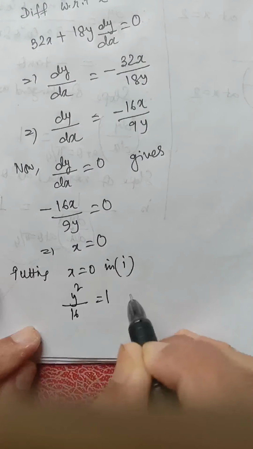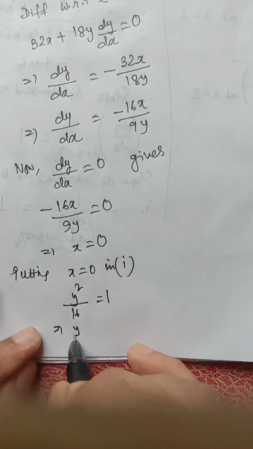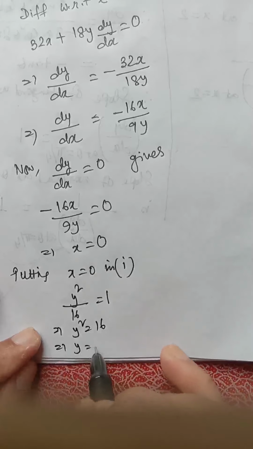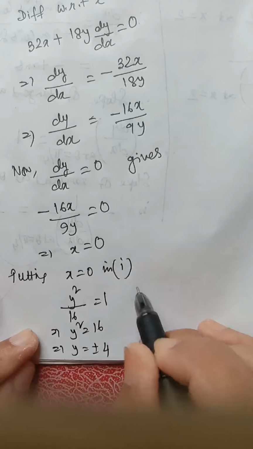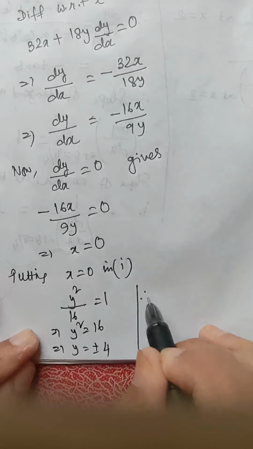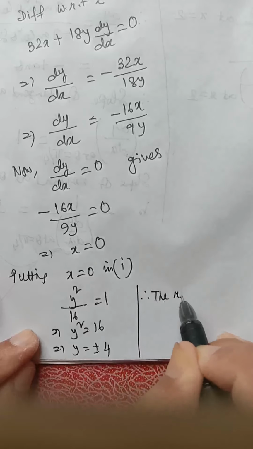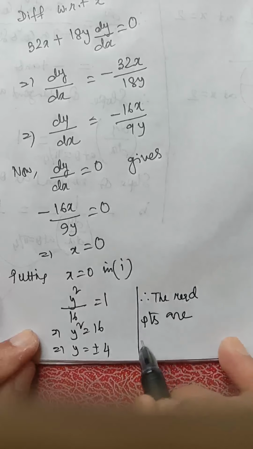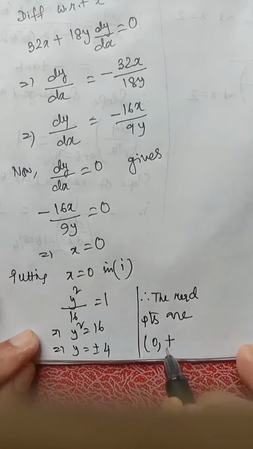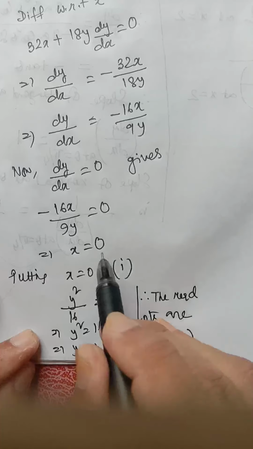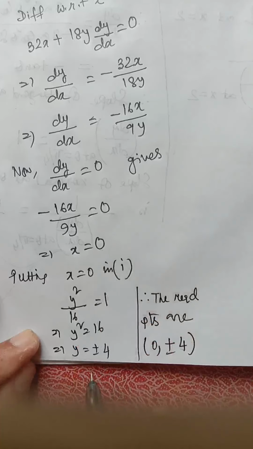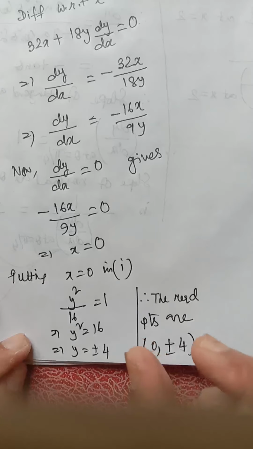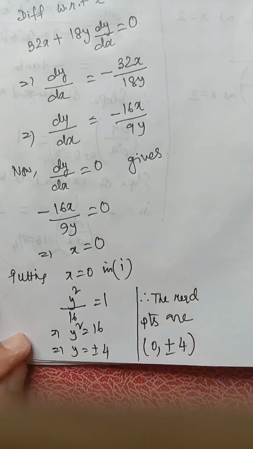So y square equal to 16, and so y equal to plus minus 4. Therefore the required points are 0, plus minus 4, x equal to 0, y equal to plus minus 4. We have to represent our solution in terms of coordinates.